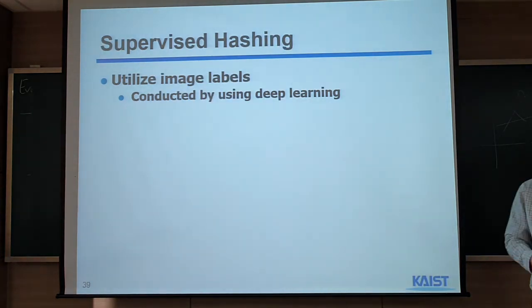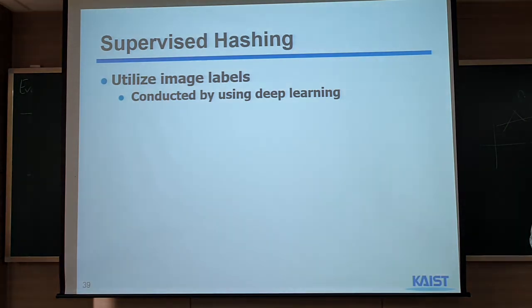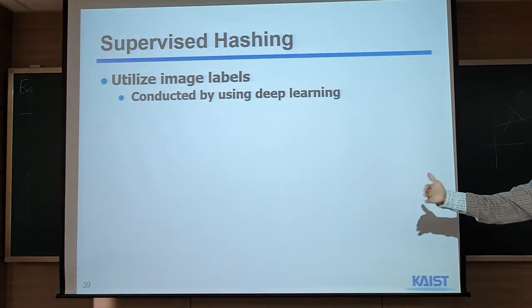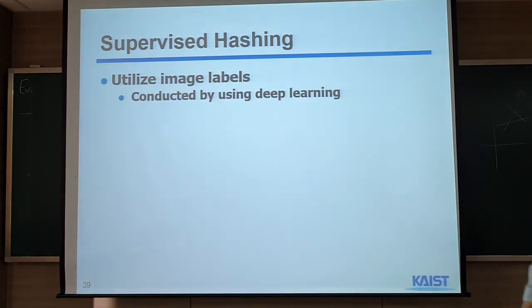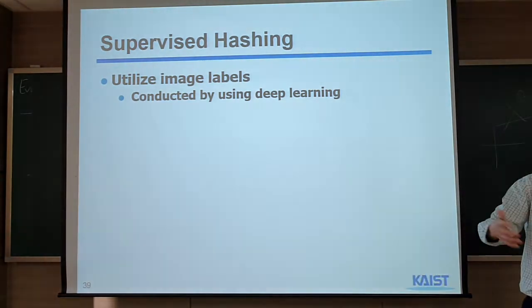Okay, so far I talked about unsupervised techniques, right? I didn't talk about any labels. In the unsupervised case, the similarity is governed by the distance function or the similarity function. But some of the images have labels, like cat or dog.